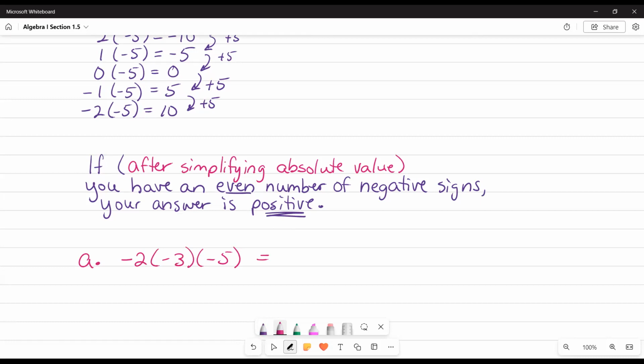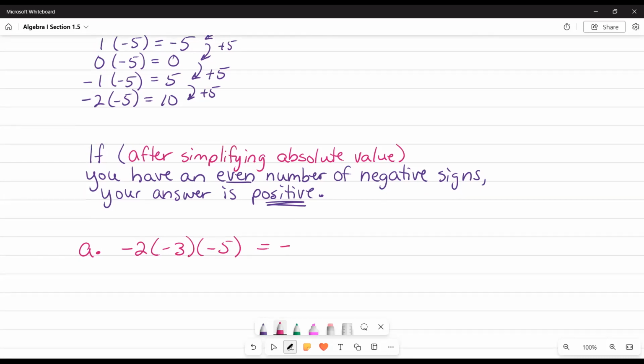Negative. Why? I have 3 negatives. So one negative times another negative gives me a positive, but then that positive times another negative gives me a negative again. That's how that works. The easiest thing to do is just count your negatives after absolute value. So we know our answer is going to be negative.